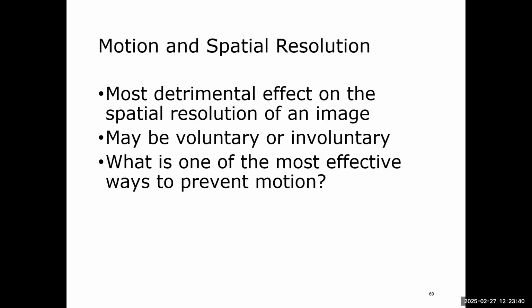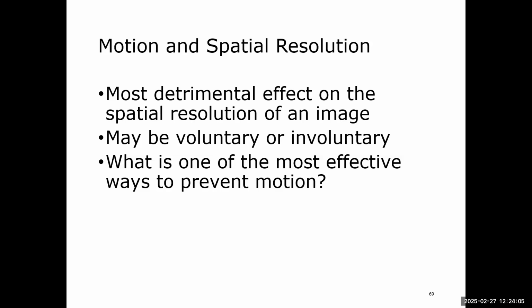They can control breathing unless they're on what? A ventilator. And then it would become involuntary because it's breathing for them. They can't control it. An example of involuntary motion not related to that would be what? Peristalsis. We can't control that.